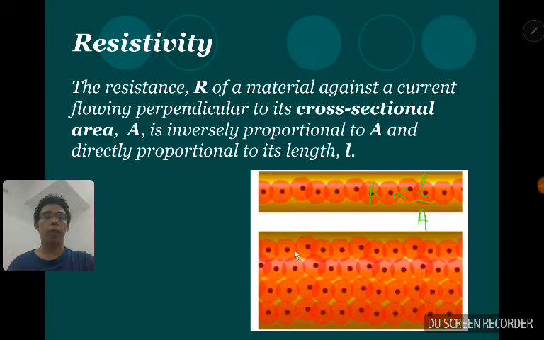Imagine them as the electrons. If you have a larger cross-sectional area, it means that more of them can flow past a certain point in the same time compared to the one with the thinner or smaller diameter. So you can see that there are only a few that can pass through at a certain time.